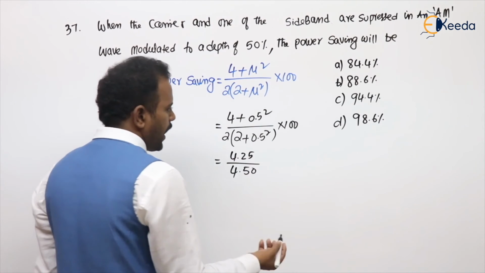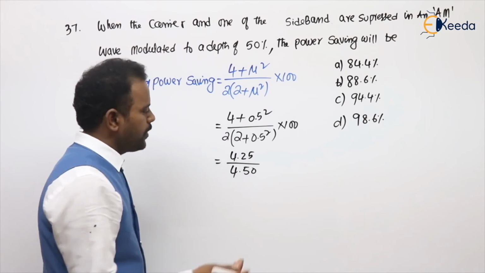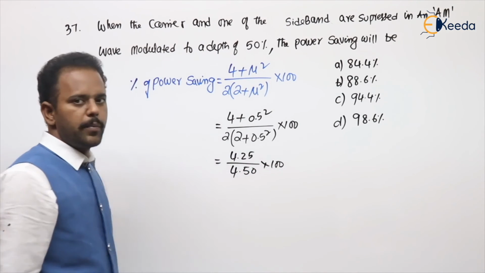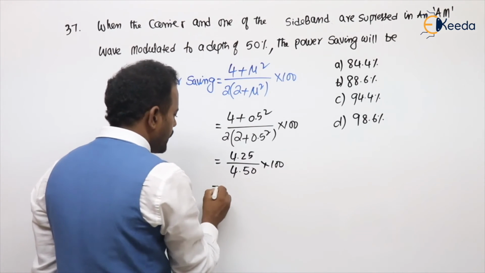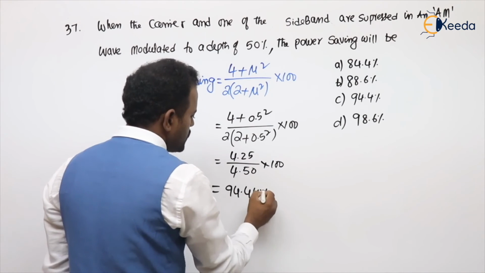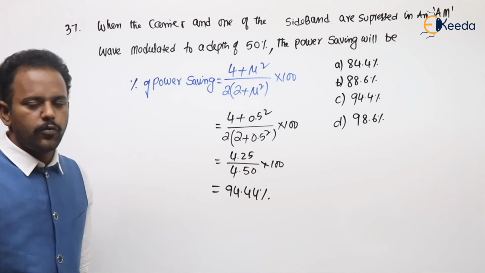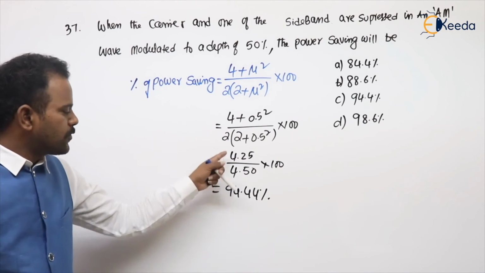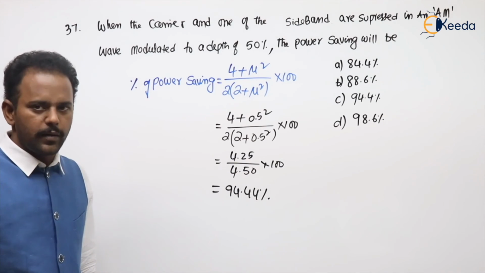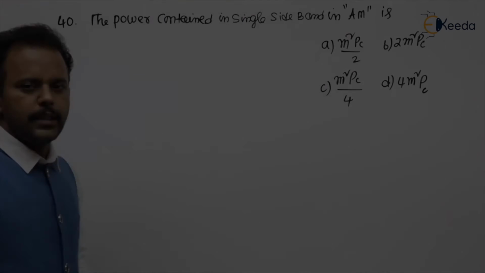Just a division only you have to do because no calculator is allowed. 425 by 450. Are you getting my point or not? Then you will get 94.444, so you can say 94.44%. Just a normal division of 425 by 450 you have to do. 94 will come. Understand my point?